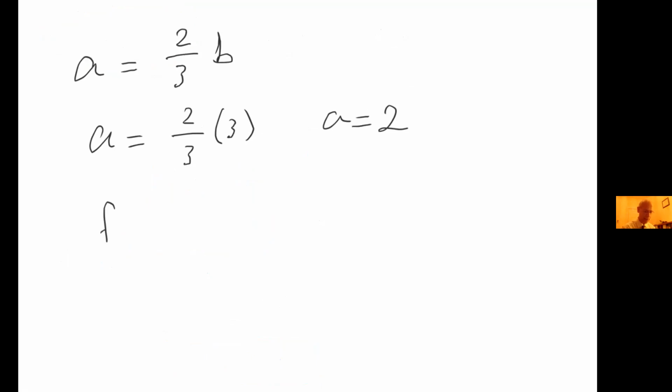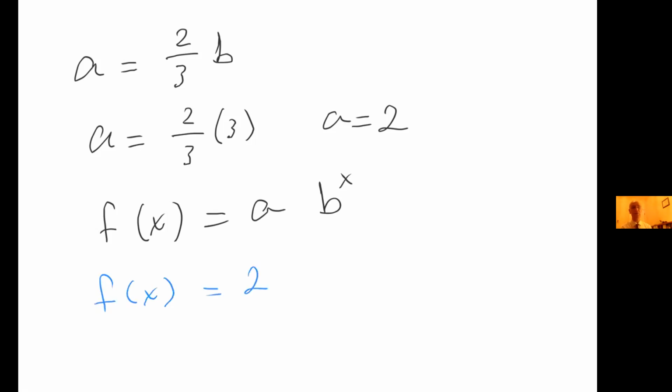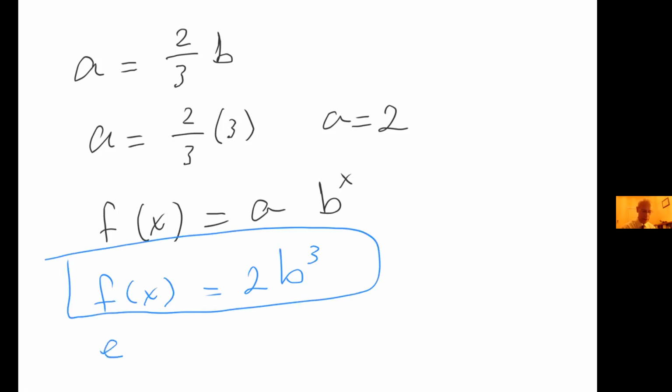Remember, we had f of x equals some a times some b to the power of x. Well, then f of x equals 2, the value of a we found, times 3, the value of b, to the power of x. So this is the equation of the exponential function that passes through the given points.